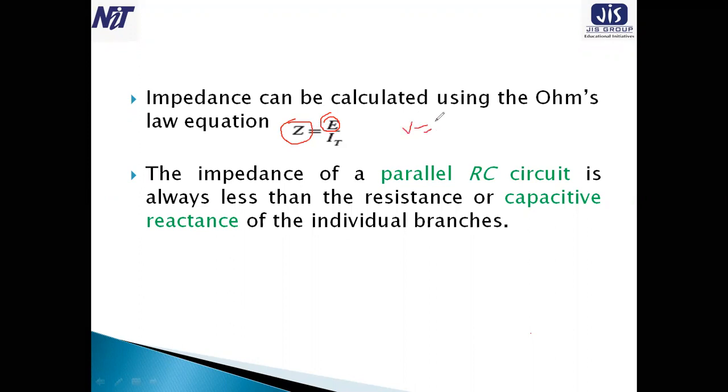V equals I into R, so R equals V by I. Here R is the impedance Z and the voltage is E. So replacing R with Z, Z equals E divided by IT. This formula is written here, so using this formula, we can find Z also. No problem with this one.